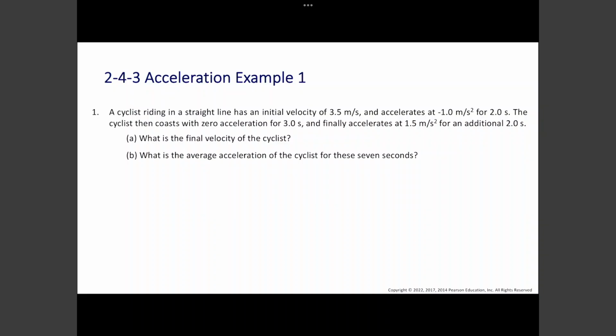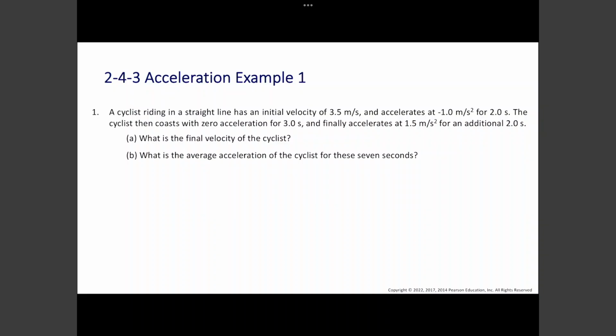Then the cyclist coasts with 0 acceleration for 3 seconds. Finally, he accelerates at 1.5 meters per second squared for an additional 2 seconds. That means in the final 2 seconds his acceleration is a positive value.